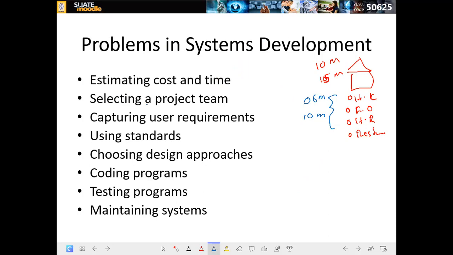The next one is selecting a project team. That's a difficult one. For a hotel kind of organization, the majority of the project team is from the IT organization, because the system analyst, system designer, developers, and implementing person are all from the IT department.